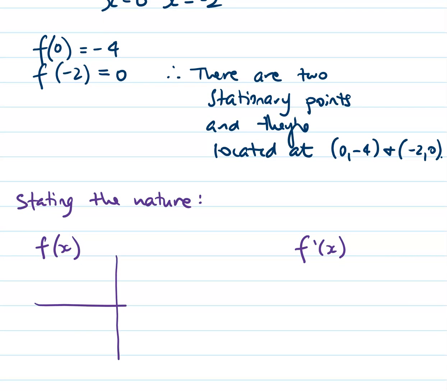Using the function, we can actually just plot a few points of our function to work out what the shape is going to be. So we already know that we've got stationary points at 0, negative 4, down here, and at negative 2, 0, here.